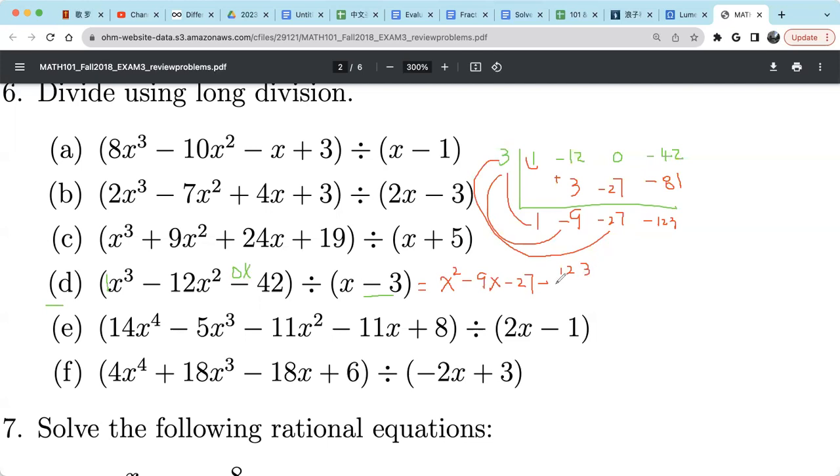It's the remainder: -123 divided by x minus 3. See, this part is a rational expression, right? So for this answer, we have a polynomial and a rational expression. The remainder is represented with a rational expression.